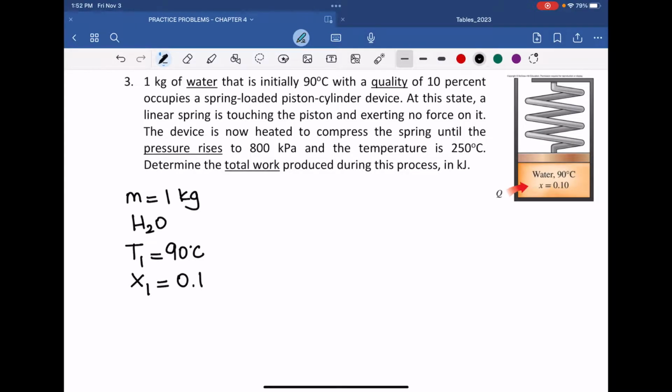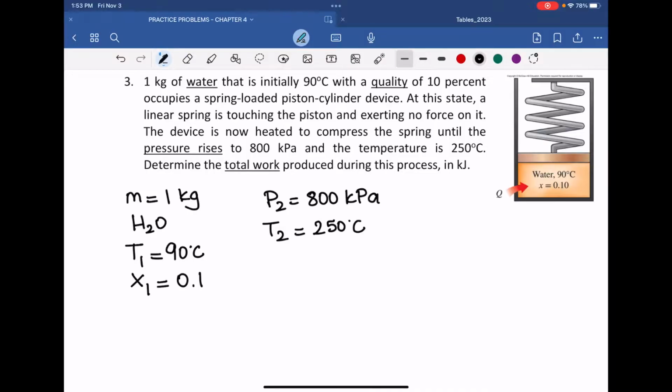It's 10%, means 0.1 quality, and the pressure at the second state and the temperature at the second state.